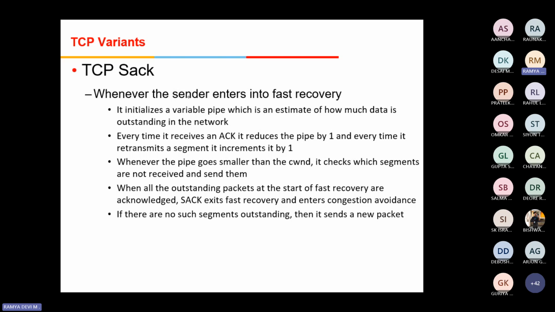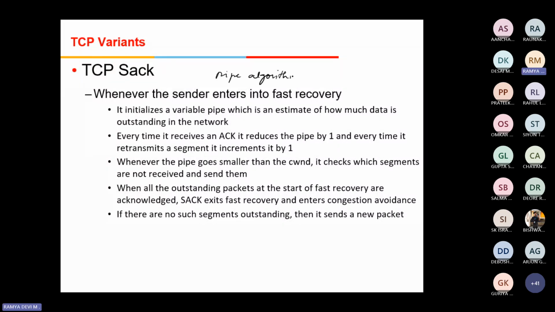Okay, so TCP selective acknowledgement will handle multiple packet losses with the help of selective retransmission. In addition to acknowledging non-continuous blocks of data, SACK also introduces a fast recovery mechanism called the pipe algorithm.